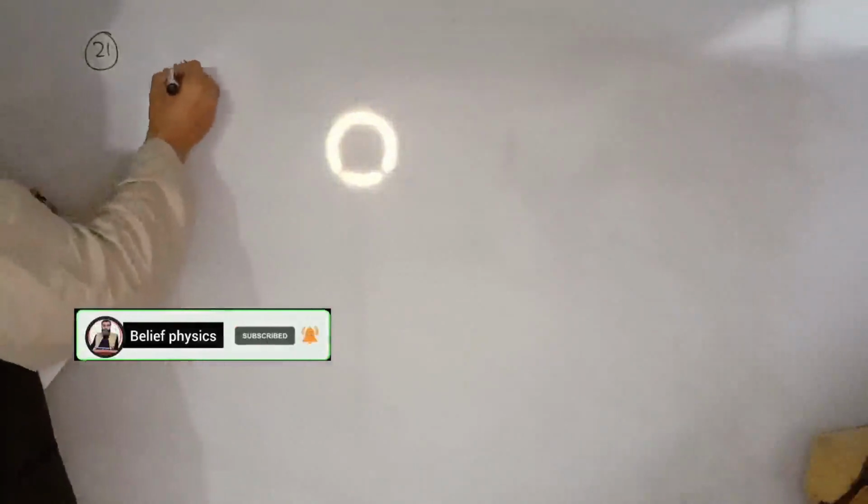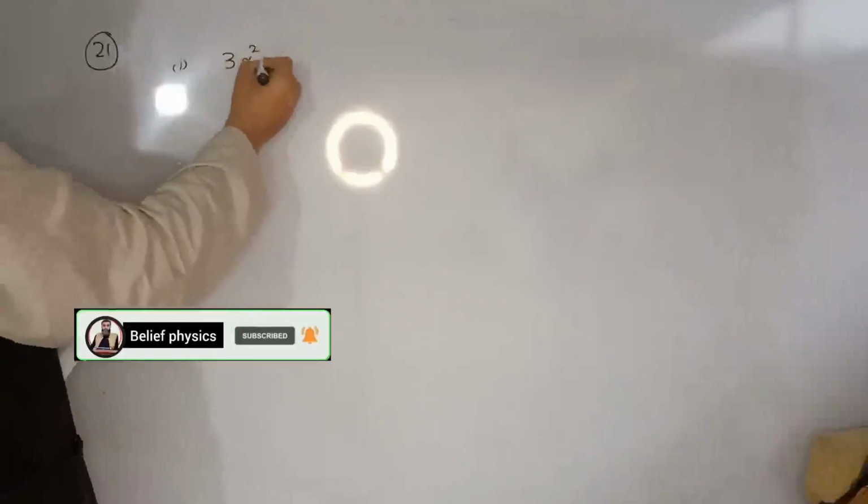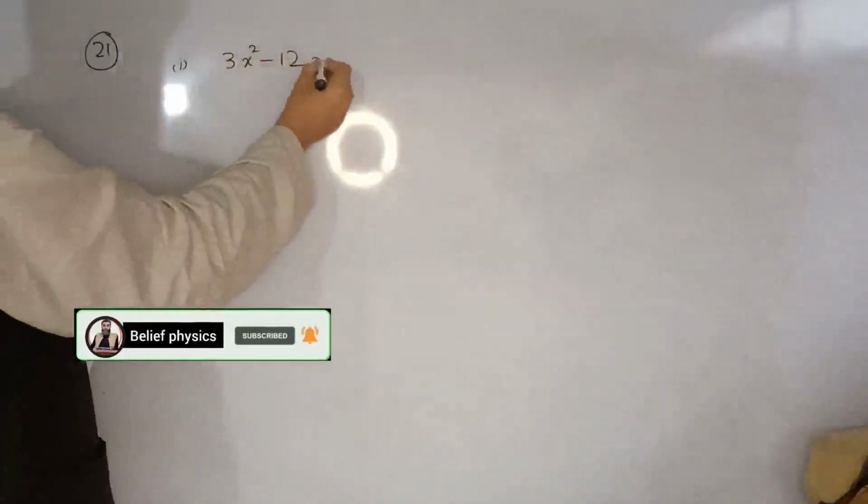About the factorization, A part is we have to factorize completely 3x square minus 12x. How to factorize them?